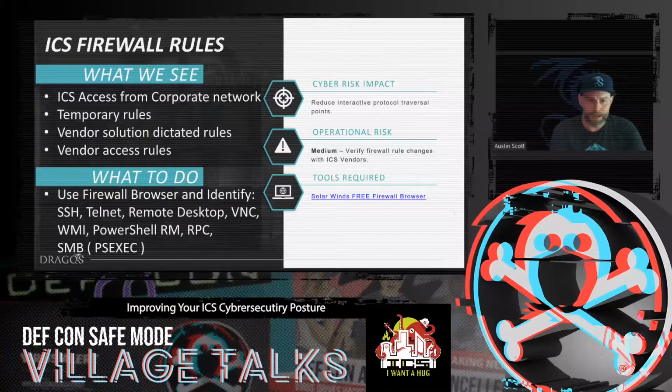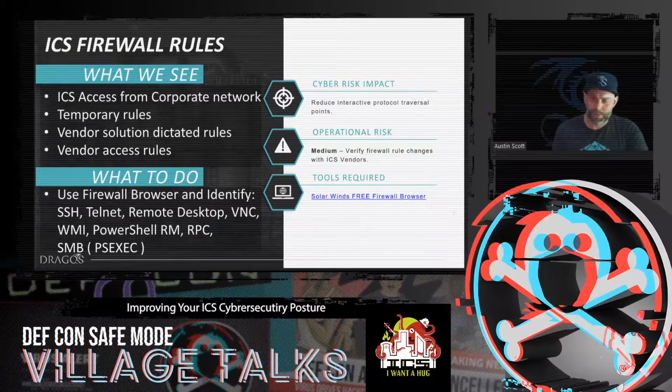So we often find there are temporary firewall rules still in these configurations from the time of commissioning. We find there's vendor dictated rules and vendor access rules that have never really been evaluated or questioned. So it's important to go line by line and really question, why do we have this? What purpose does it serve? Who's using this?